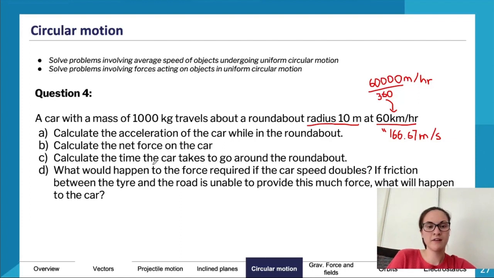Calculate the acceleration of the car while in the roundabout. So we have converted all that. Let's put down a. We're going to use the formula acceleration is equal to velocity squared over radius.